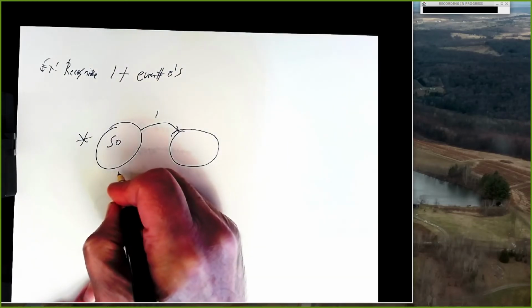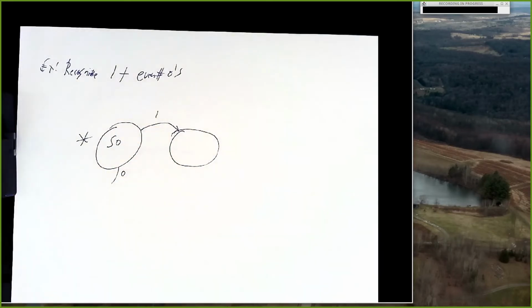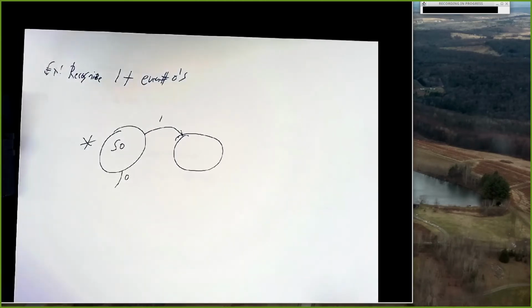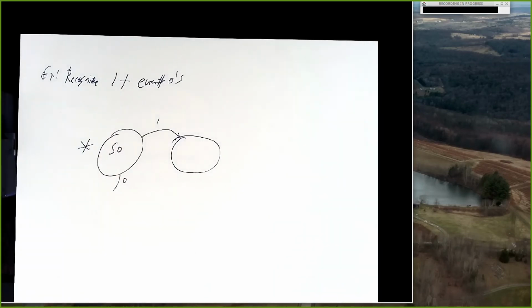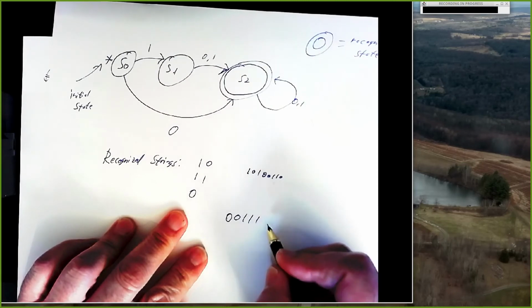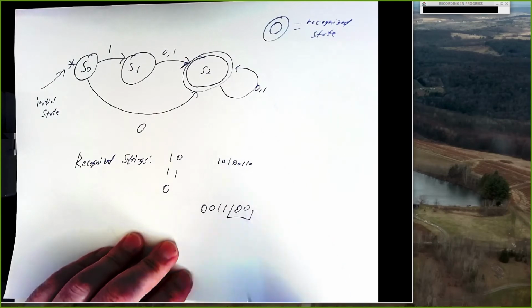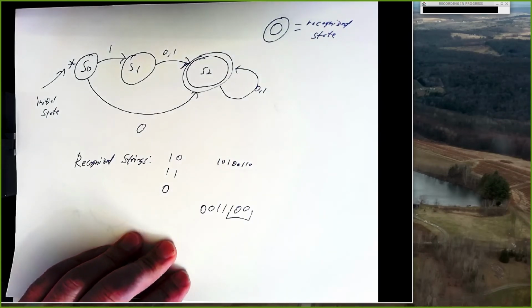If we start off with a 0, well, when we say we want to recognize a 1 with an even number of zeros, there's two questions. Are we only recognizing strings that begin with a 1 followed by an even number of zeros? Or if we get a string like 0, 0, 1, 1, 1, 0, 0, would we get to this point and say, oh, there's a 1 followed by an even number of zeros?